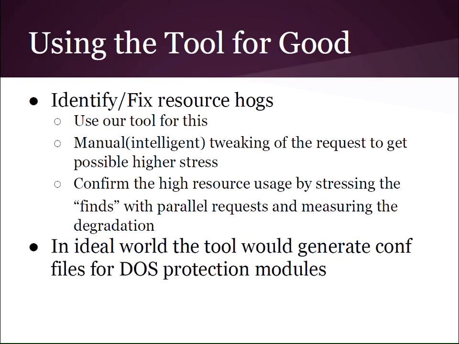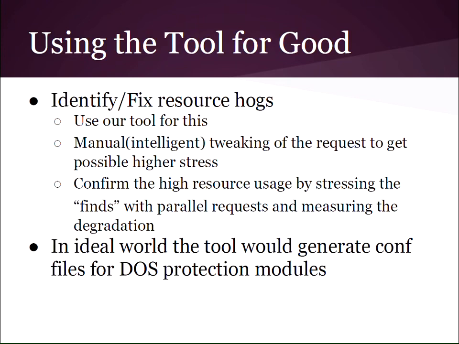So saying that, we suggest that an owner of a large web resource, or a web resource that has an asymmetrical load between its resources, runs our tool or any other tool to figure out what the resource hogs are, basically use it as a QA tool, and take them out.